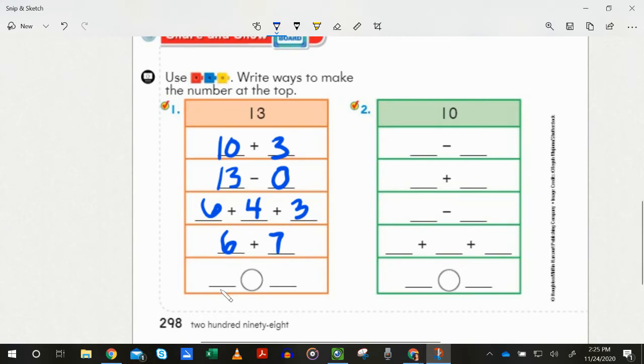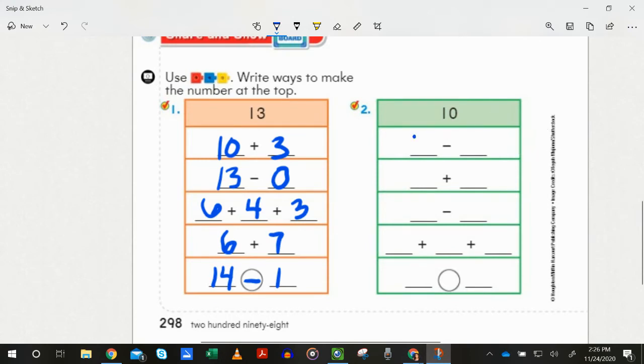Okay, could we do one more problem together? Let's do another subtraction. What would I have to start at to take 1 away and land on 13? 14. 14 minus 1 is 13. Count back 1 time. Okay, we can also do it with the number 10.